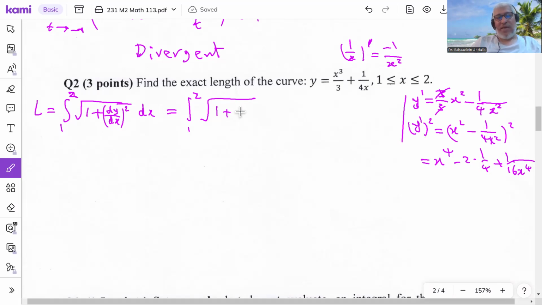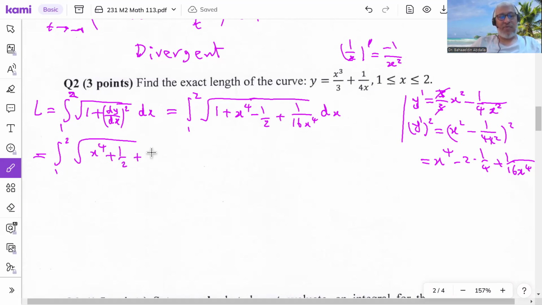So in fact, I'll have x to the power 4 minus 2 times 1 over 4, which is negative half, plus 1 over 16x to the power 4 dx. And if I add 1, I'll have plus half. So I'll have x to the power 4 plus half plus 1 over 16x to the power 4 dx.